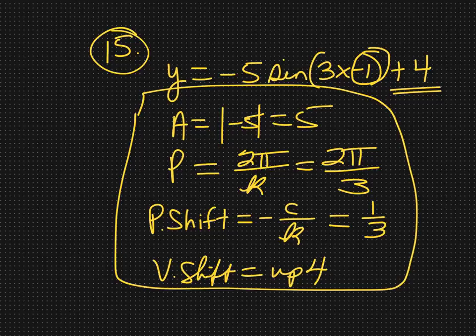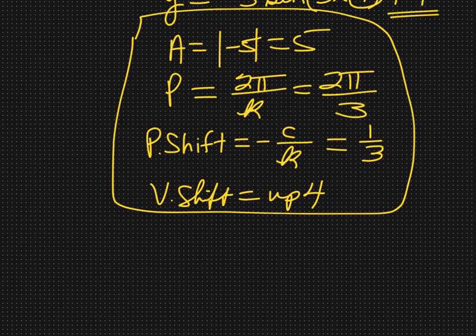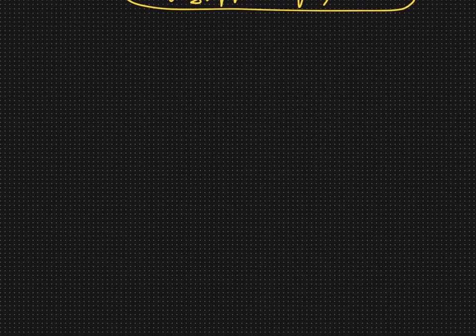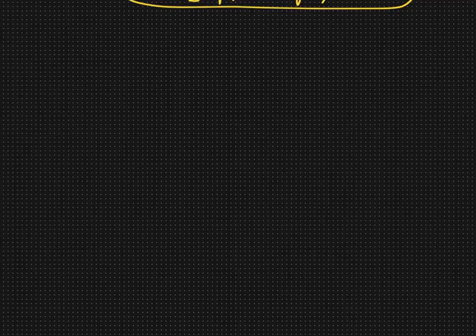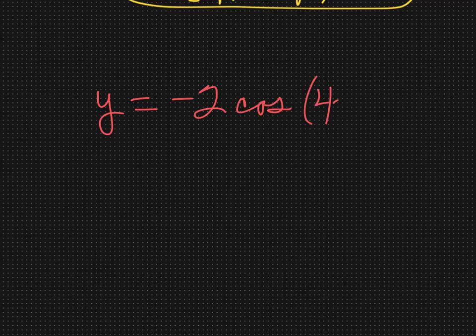However, I'm going to tell you that on your final, there's a problem that asks you to graph a trig function. And we graphed a few of these in our homework, but you didn't have to graph any on that test. So let's say you had y is equal to -2 cosine 4x.